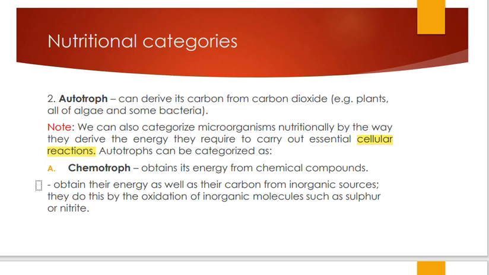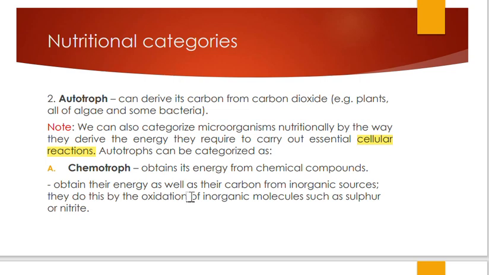Chemotrophs obtain their energy as well as their carbon from inorganic sources, and they do this by oxidation of inorganic molecules such as sulfur or nitrite.